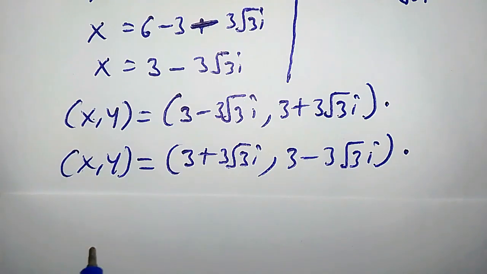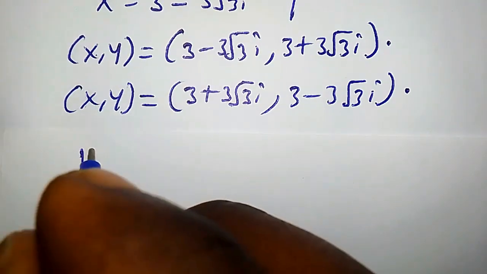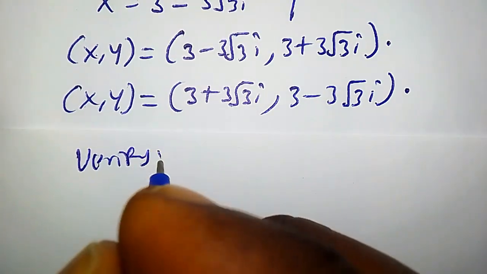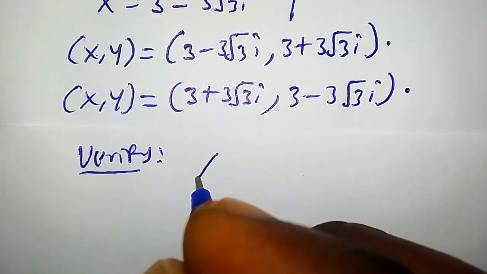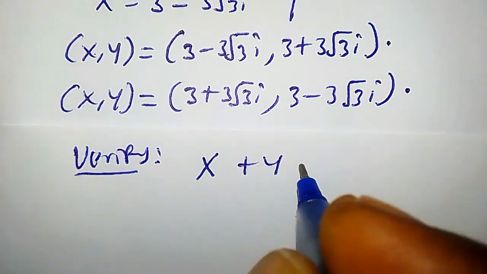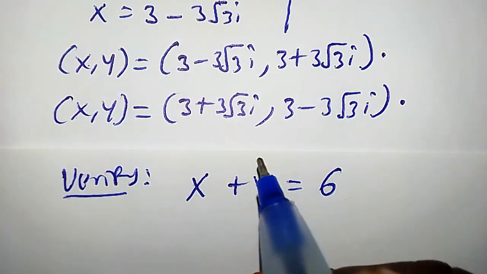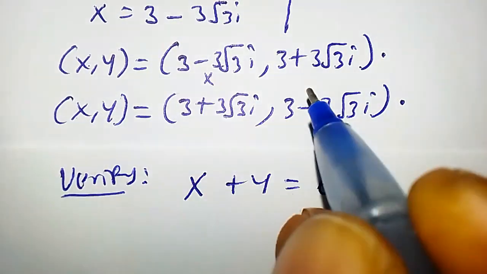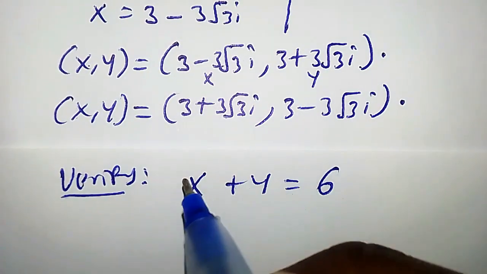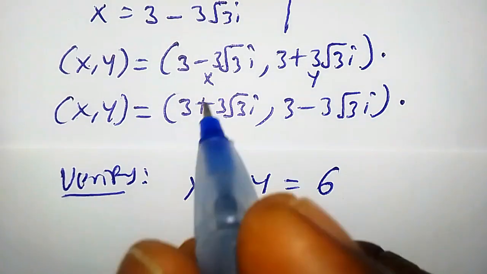But it is very good if we could verify our solution. So let's verify it using equation 1, that is x plus y equal to 6. Let's verify the first solution first. This is x, this is y. In place of x, we write this.